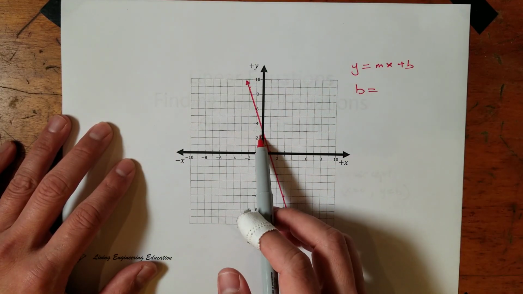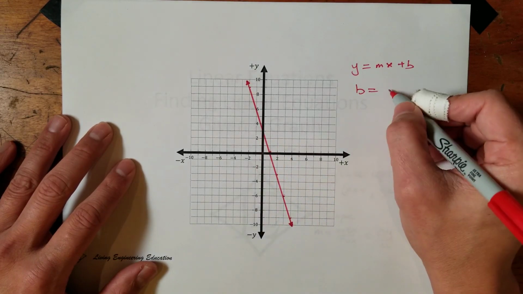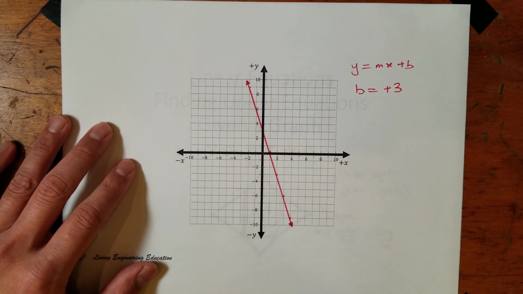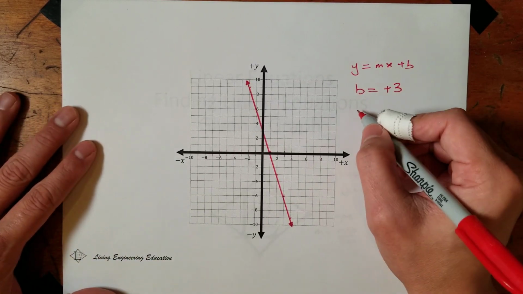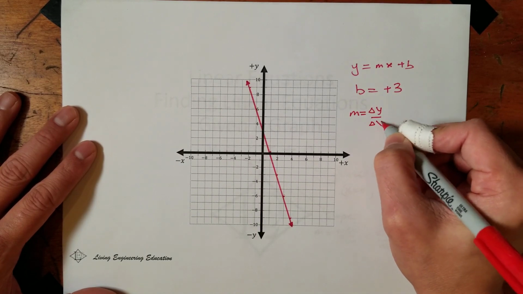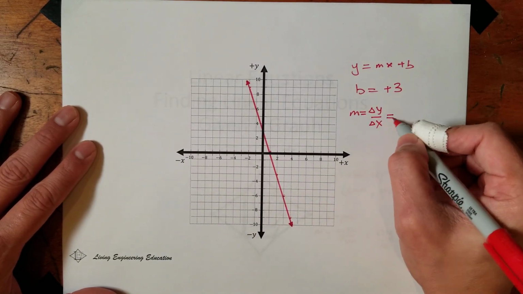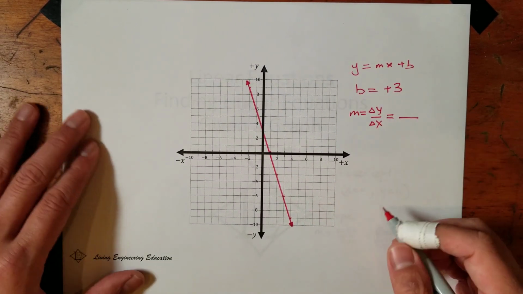So it looks like we're crossing the y-axis at +3. So that's my y-intercept. And then let's take a look at my slope. Well, we're going downhill as we move in the positive x direction. So I know that I'm going to expect a negative slope.